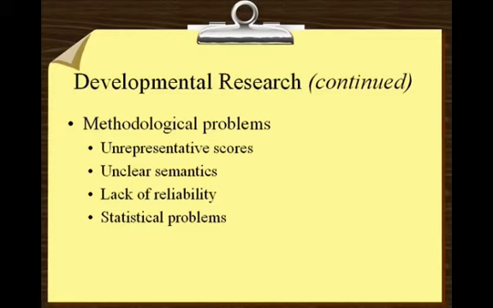And our last methodological problem is a statistical problem. How do we compare these groups? They've changed over time, we're talking years. The textbook says we typically use an ANOVA. The problem with the ANOVA test is that one of the assumptions we make is that the groups are equal, that the variance is equal.